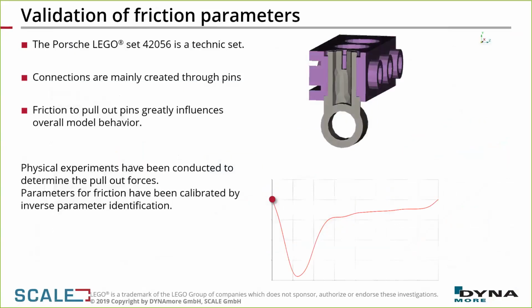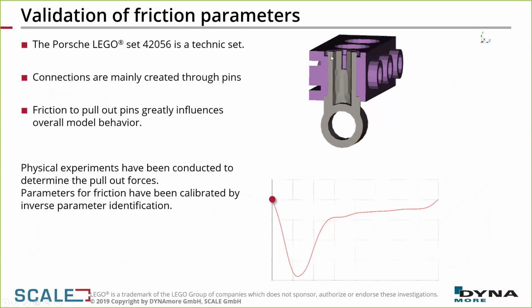Another aspect is, especially with the Technic models, they are held together many times using these technical beams and this pin, and the pins are put into holes into the technical beams. And also here you need a certain amount of force to pull them apart. And Thorsten did a small model again to validate that, which consists of a technical beam and a pin, and is pulling out the pin from the technical beam.